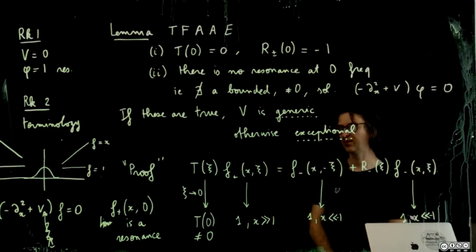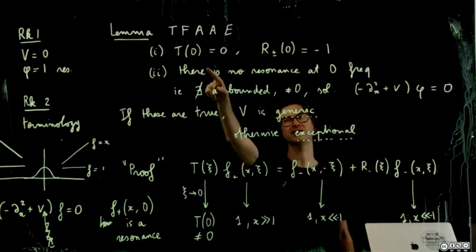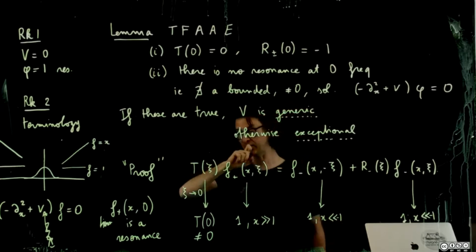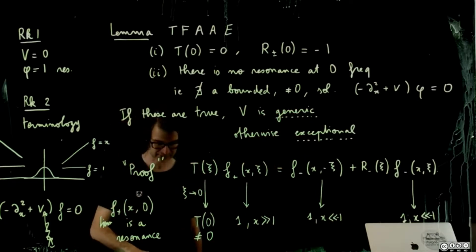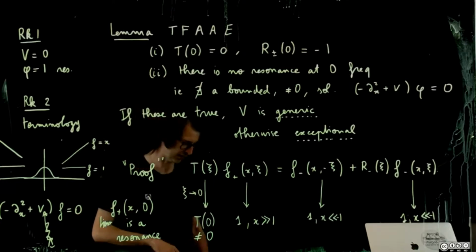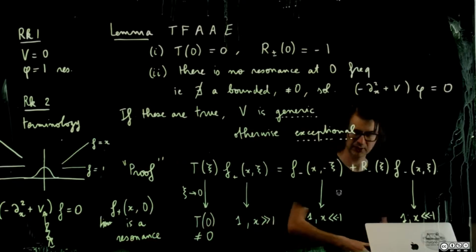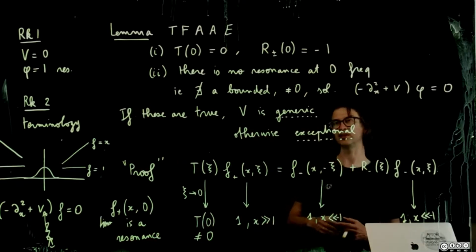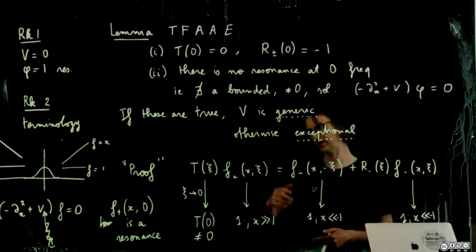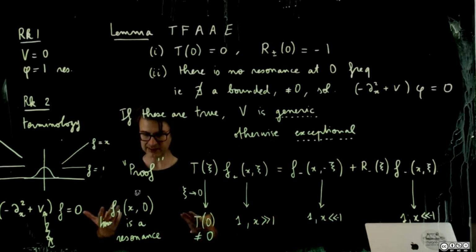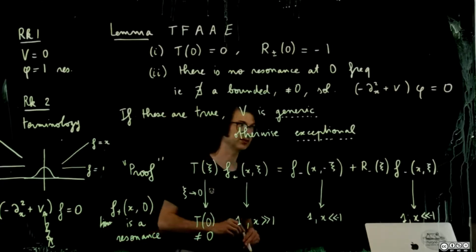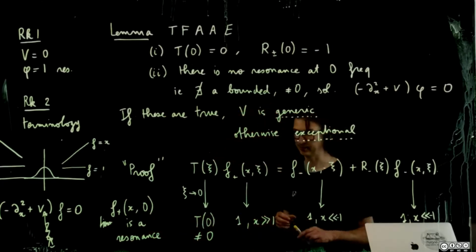And the fact that, for instance, T is 0 or not at 0 will have very remarkable consequences on the Schrödinger group. So it's not just a technical consideration. It will be dynamically very relevant, and we'll come back to that next time.